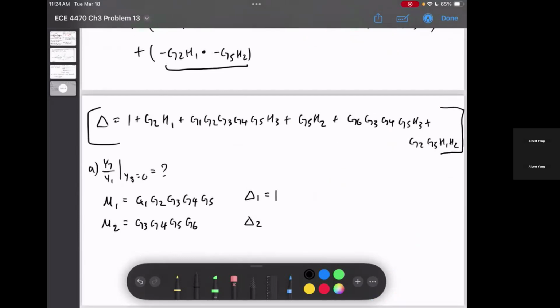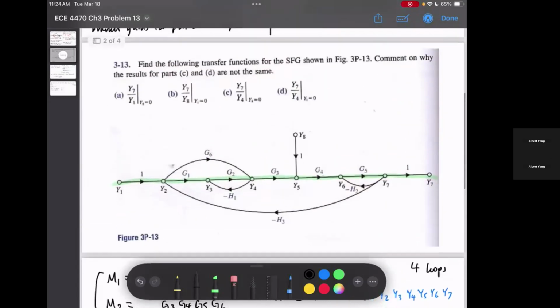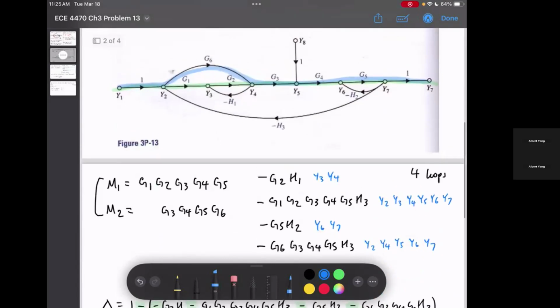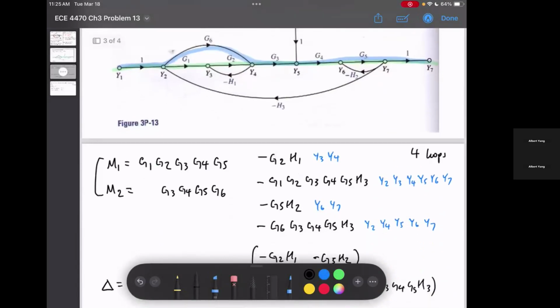And then if you do G3, G4, G5, G6, that's from here. So this will basically take out all of the loops as well, because you can also look at these nodes again when you're doing this.